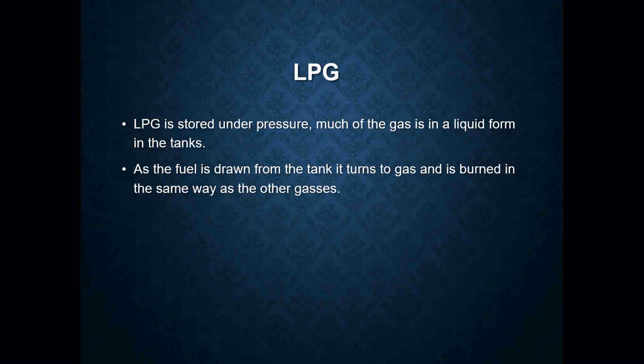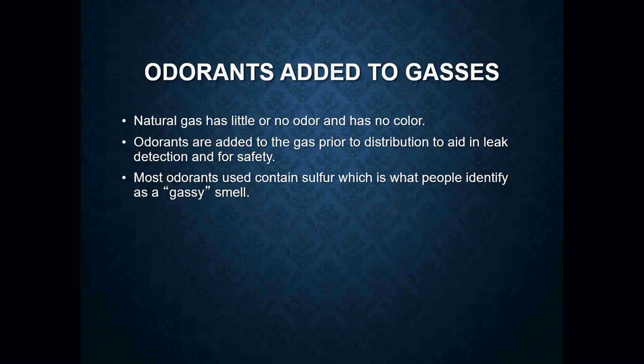Propane is a liquid, but when you open that valve, the liquid begins to change to a vapor. It is that vapor you are burning when you turn on your propane grill. The same thing applies to your propane-fired water heaters and propane-fired gas furnaces.